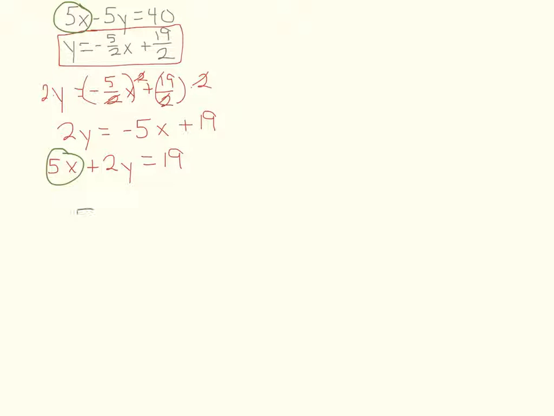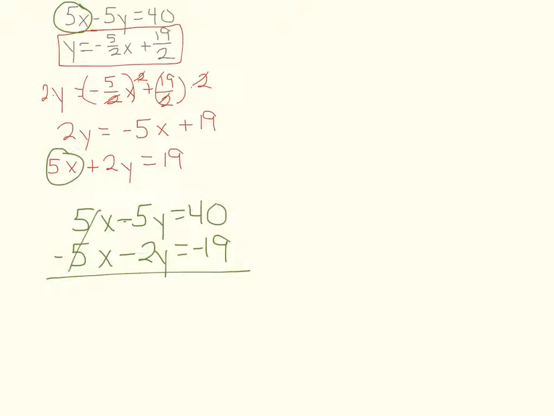So 5x minus 5y equals 40. I'm going to bring that down so that they're on top of each other. And then negative 5x minus 2y equals negative 19. So your x's cancel. Negative 7y equals 21. And divide by negative 7, y equals negative 3.